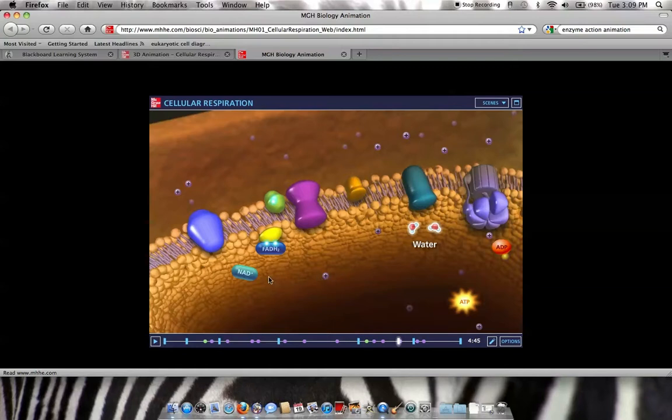We had our energy carrying molecules bringing in these protons from the hydrogens that they were carrying. The protons are pumped out, and then these protons come back through this ATP synthase enzyme, and ATP is produced. Water is also produced in this reaction.